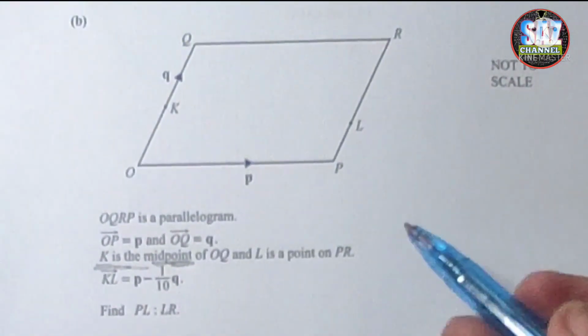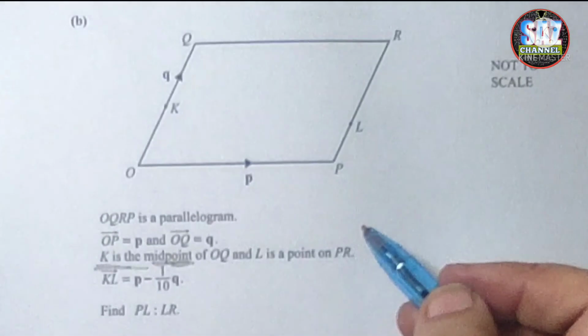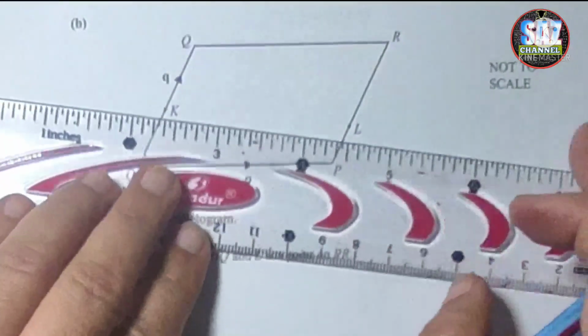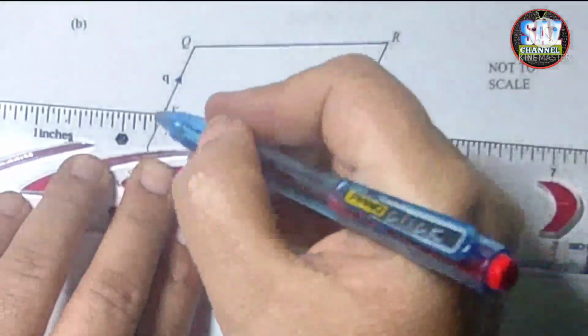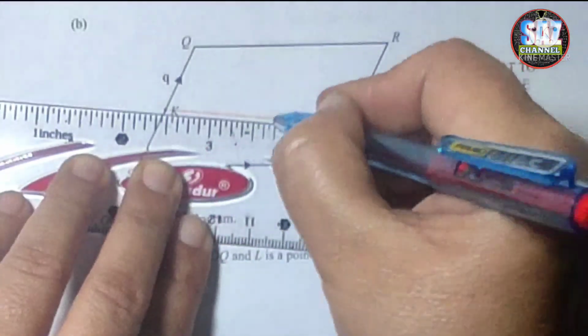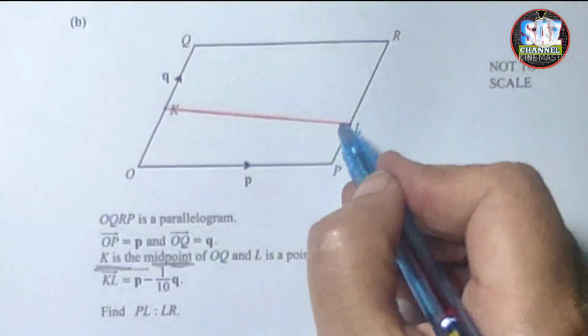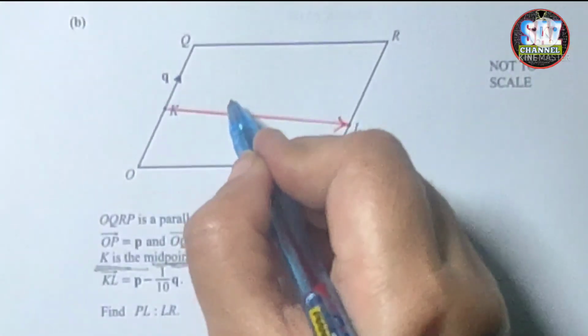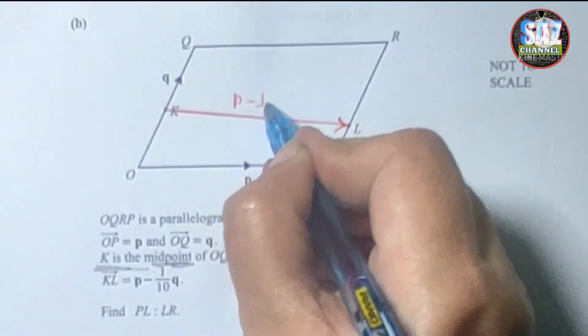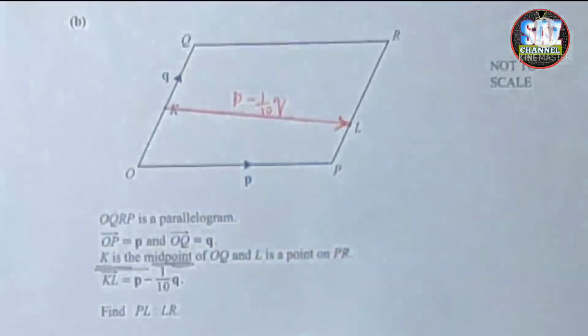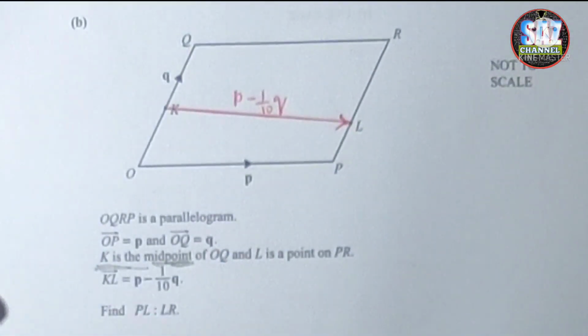And then L is a point on PR, and if we join K to L, KL, this information is given that this is p minus 1 over 10 q, and we have to find the ratio of PL and LR.